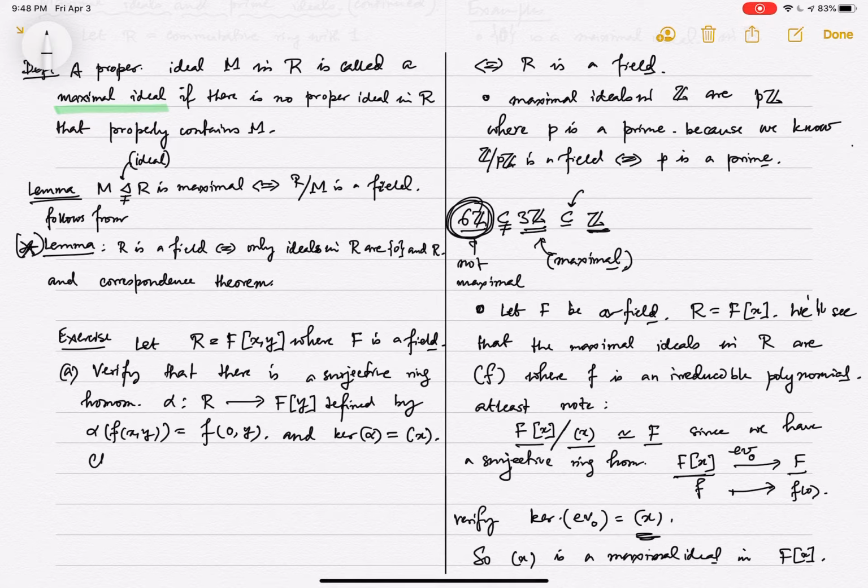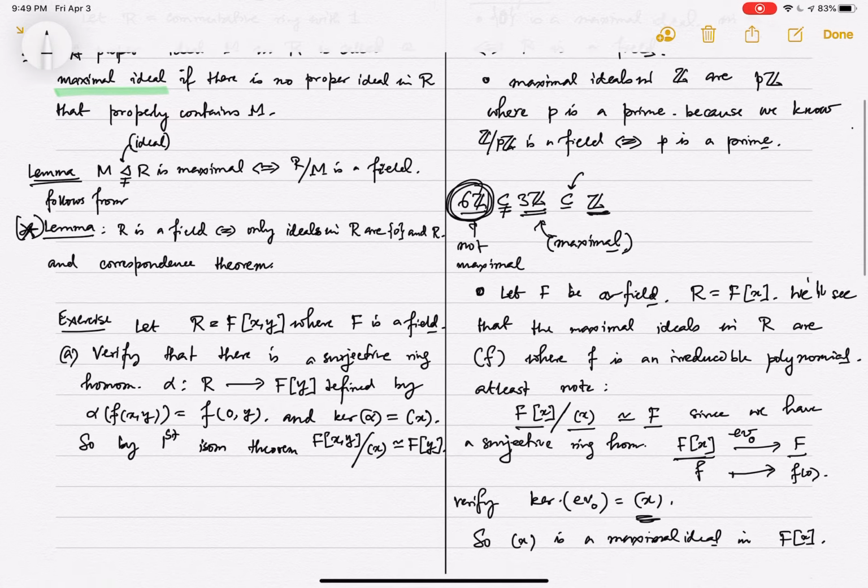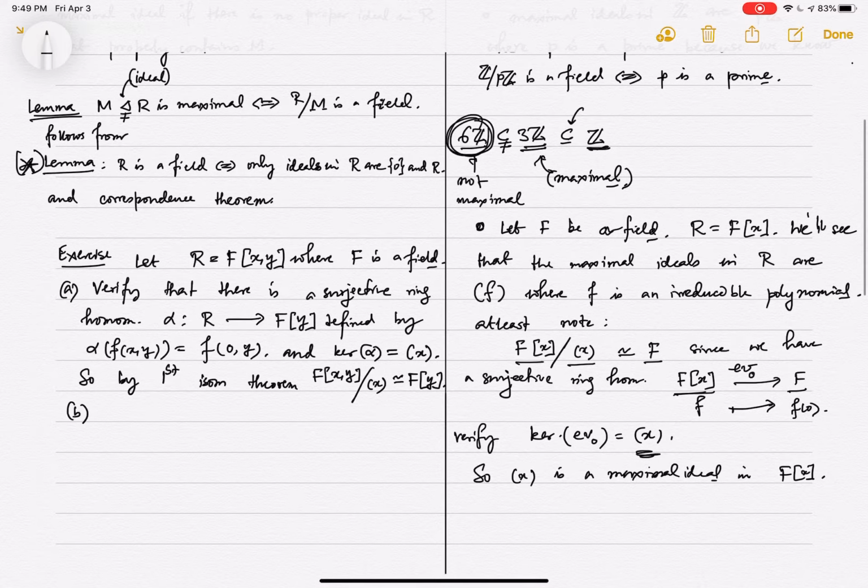So that's then, by the first isomorphism theorem, the domain ring, which is F[x,y], mod the kernel is isomorphic to F[y]. Let's do another one like this.